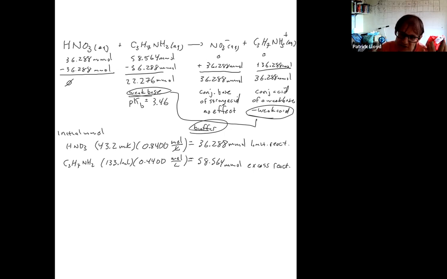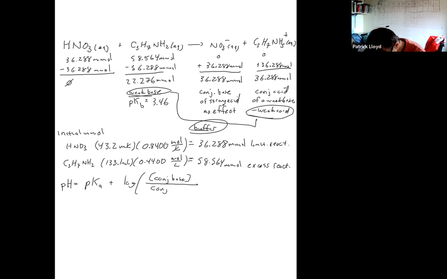Okay, that was our previous section. So now, how do we deal with that? The Henderson-Hasselbalch equation: pH equals pKa plus the log of the concentration of the conjugate base over the conjugate acid. But we don't have a pKa. We have a pKb. What do we do?